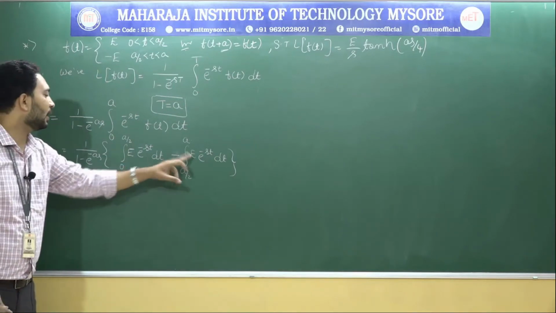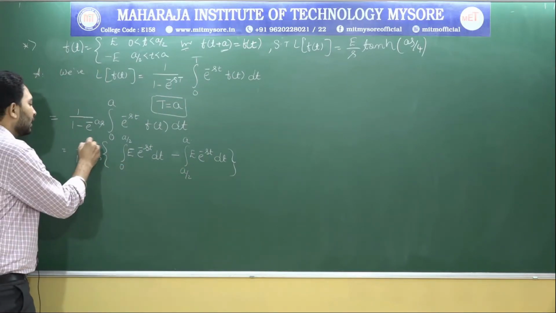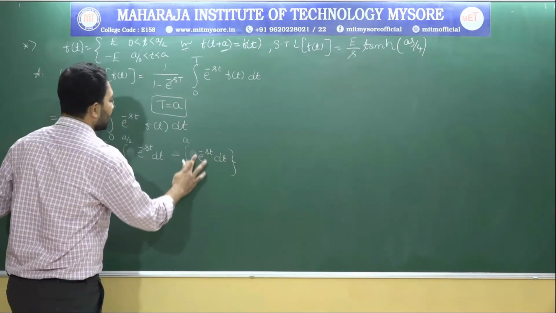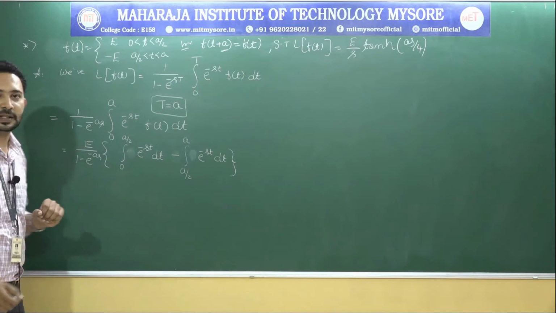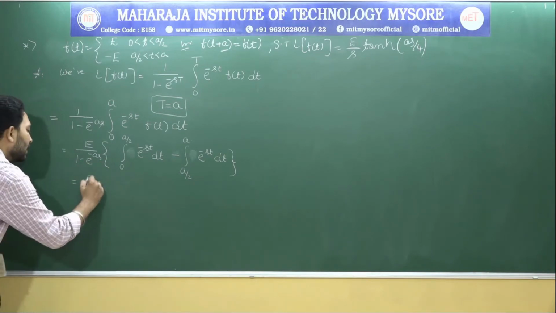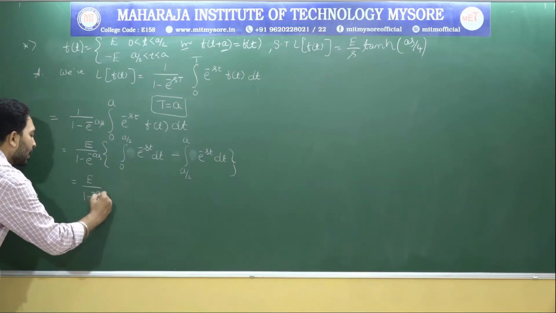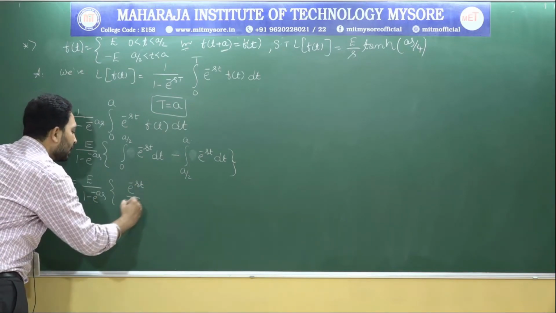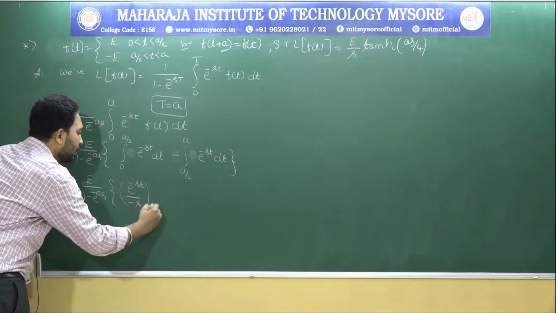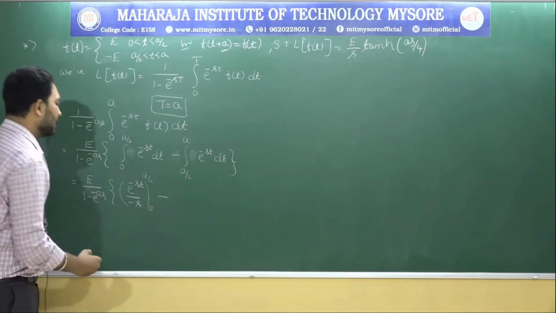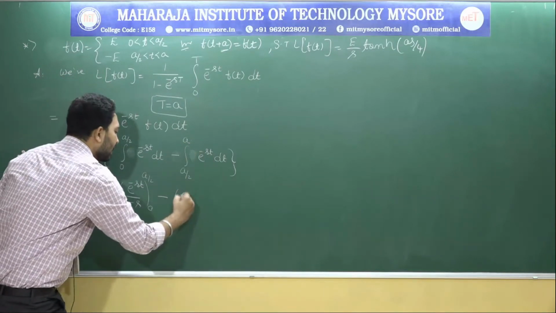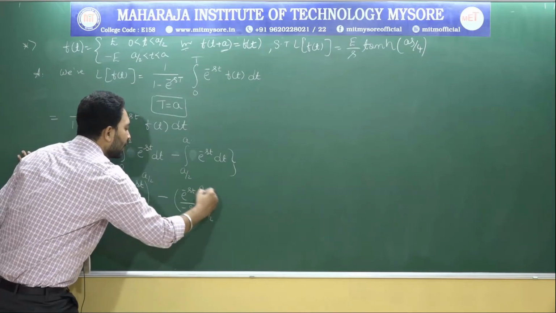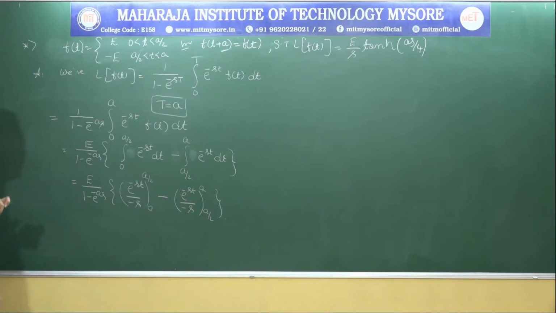So here E is constant, take it outside. I can directly write e power minus st, and this is minus e power minus st into dt. Integrate now. It is E divided by 1 minus e power minus as into integration of this e power minus st divided by minus s, limit from 0 to a by 2, minus again integration of this e power minus st divided by minus s, limit from a by 2 to a.